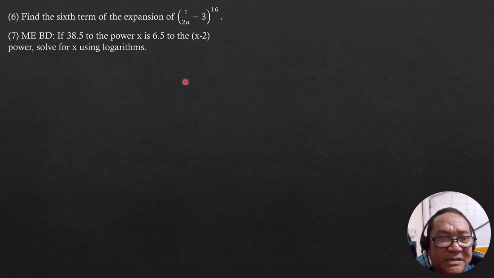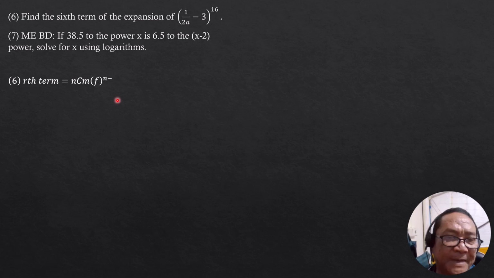So the rth term is equal to n combination m times first term raised to quantity n minus m, second term raised to m. So f means first term, and the first term here is 1 over 2a. The s is the second term, and it is negative 3.